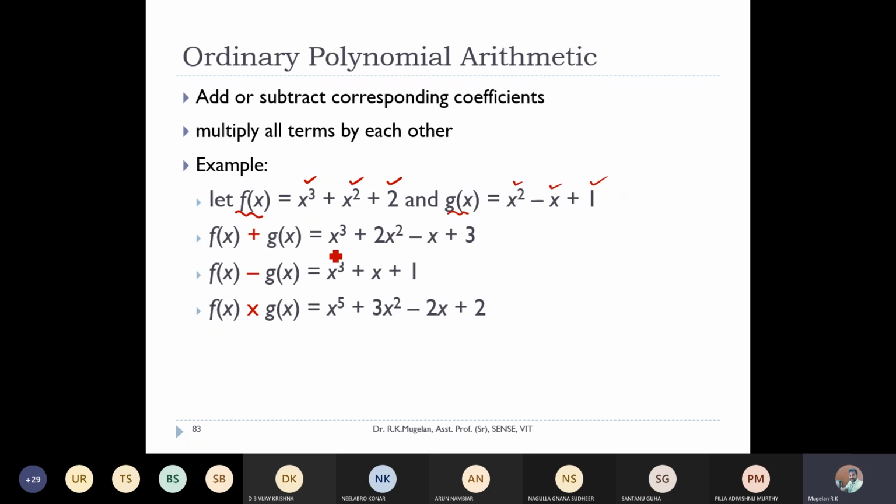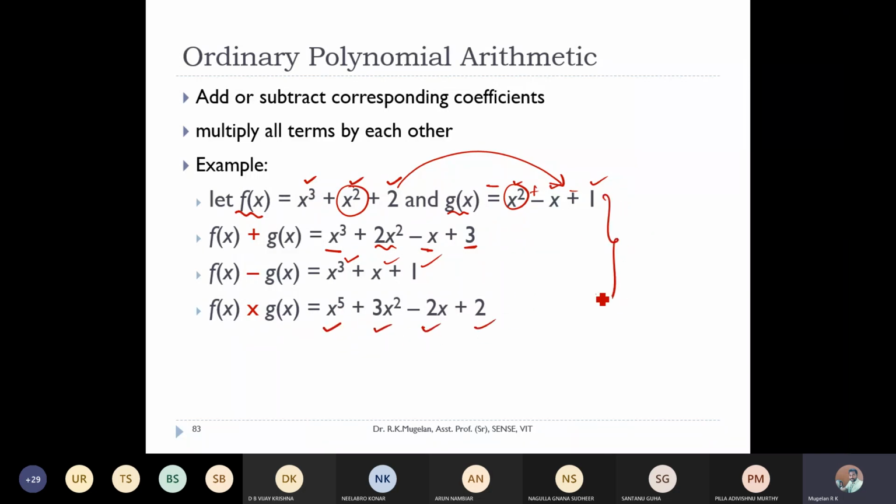If you add, obviously you get x cubed, then 2x squared minus x, then adding 2 with 1 gives 3. And f of x minus g of x, obviously we get x cubed minus x plus 1, because all the signs of g of x are reversed, and then we do the operation accordingly. In multiplication, the powers are added, so we get x power 5, plus 3x squared minus 2x plus 2.